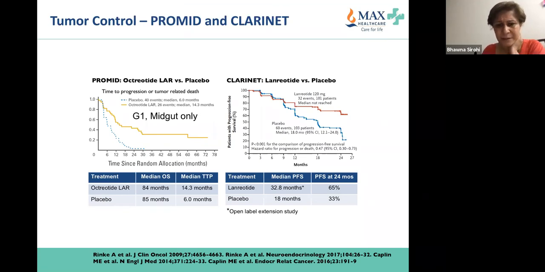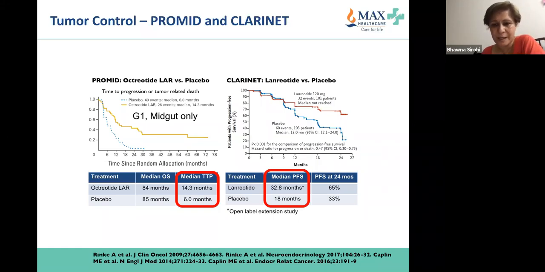This is a comparison of PROMID and CLARINET, both of them showing a significant increase in time to tumor progression or progression-free survival with the use of this. And it's about 14.3 months versus 6 months, but the endpoint and the way that is measured is slightly different in both the studies.